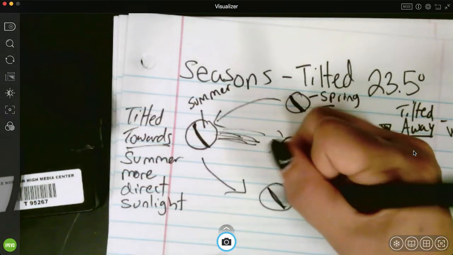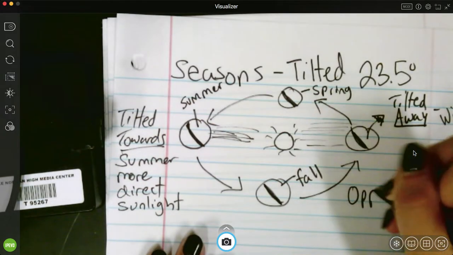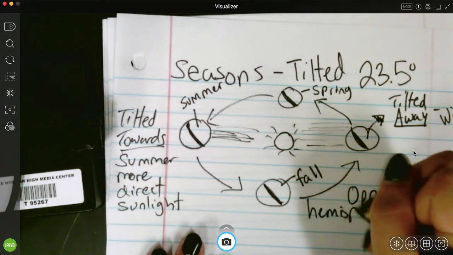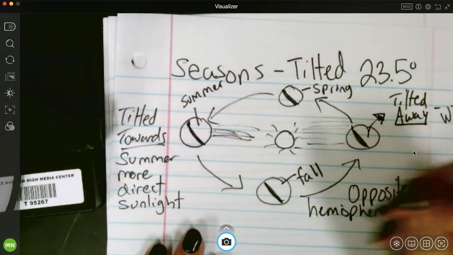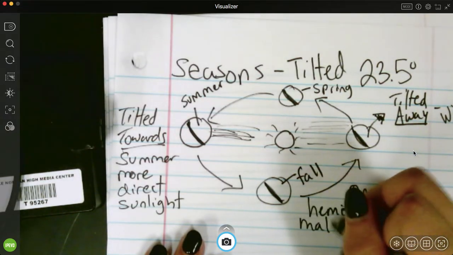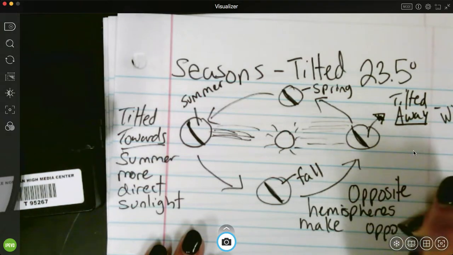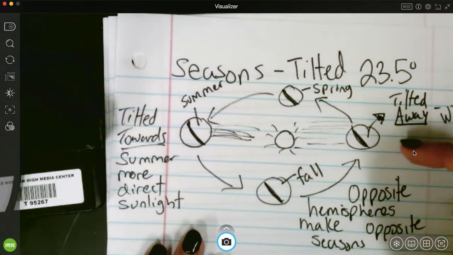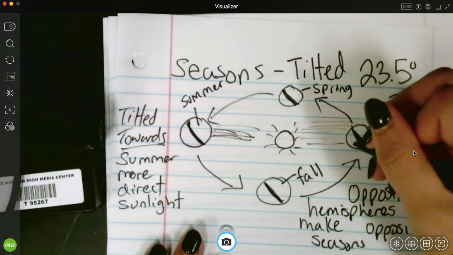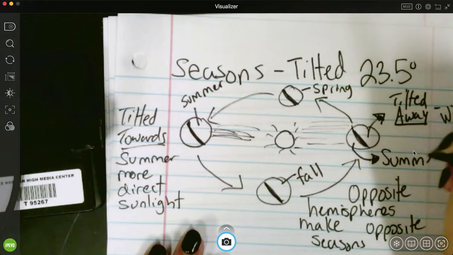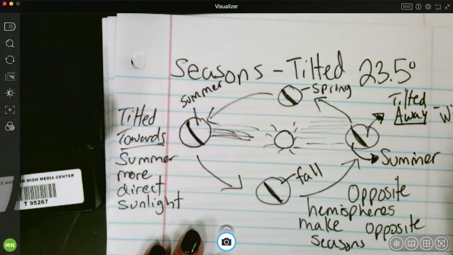Now, remember, because the Earth is a ball or a sphere, opposite hemispheres make opposite seasons. So when we're tilted away in the winter, our friends in the southern hemisphere are tilted towards, and it's summertime.